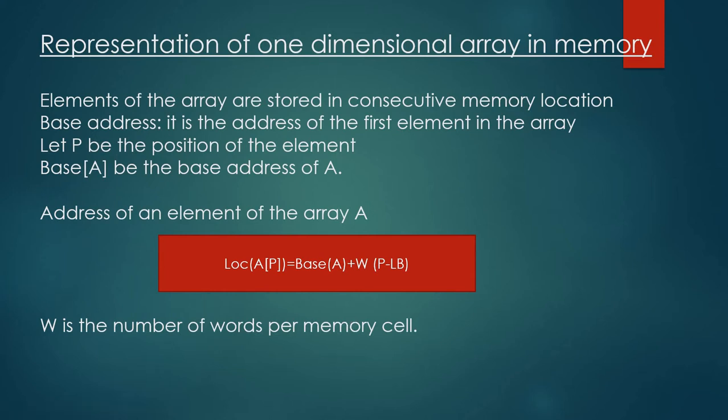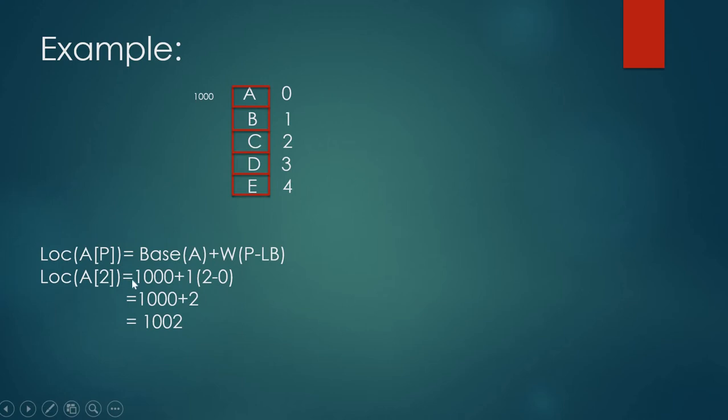We can consider one example. See here, how can you find out the location of this C, or location of A of 2? Here P is 2. That is, we are going to find out the location of A of 2. Then the formula is base of A plus W into P minus LB. Here what is the base address? 1000. Plus, here it is a character array, so W will be 1.